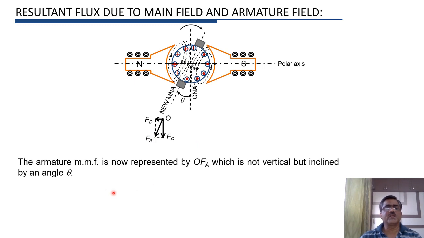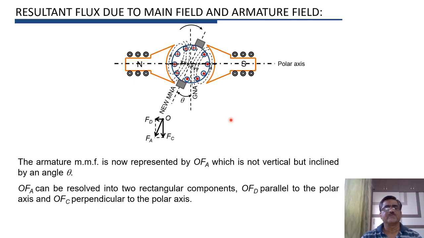So the armature MMF is now represented by OFA, and this vector is not vertical but it is inclined by an angle theta. So this angle theta and this vector OFA, previously it was vertical, but now it is inclined with a certain angle theta, through which the magnetic neutral axis is shifted.